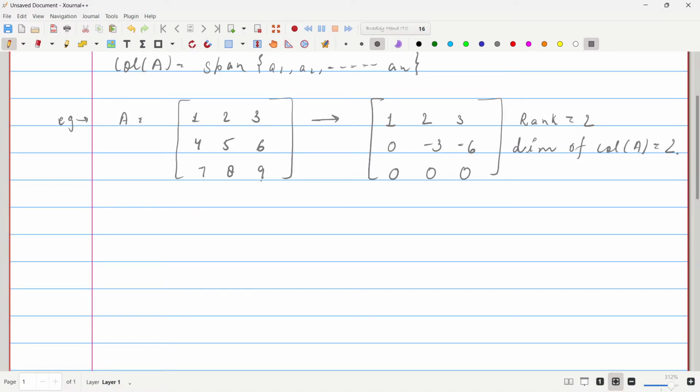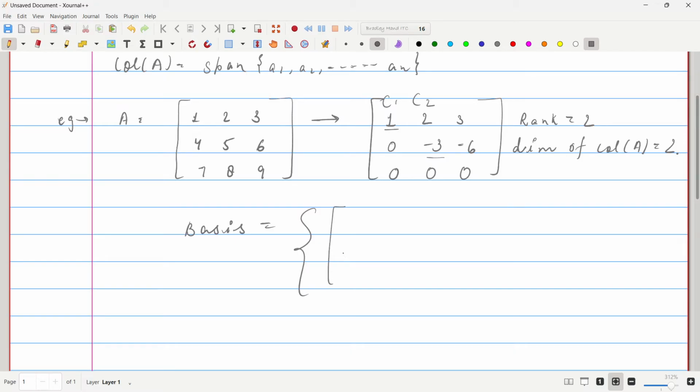Now, as you know, we have to find the identity element. The first non-zero element of the row is the identity element. You have to check only one thing: the columns which contain the identity element will form the column space of matrix A. As we can see, the first and the second columns contain the identity element.